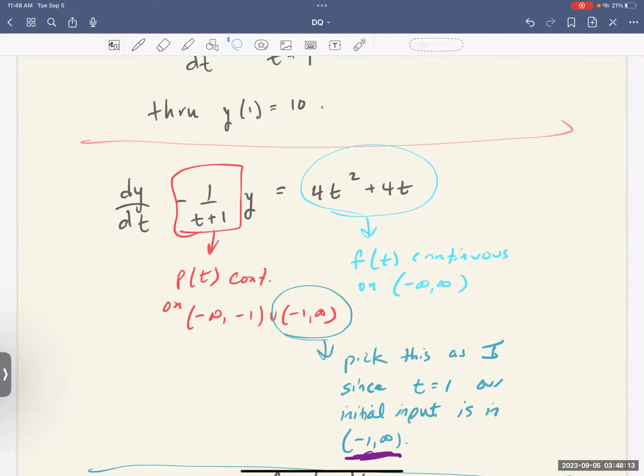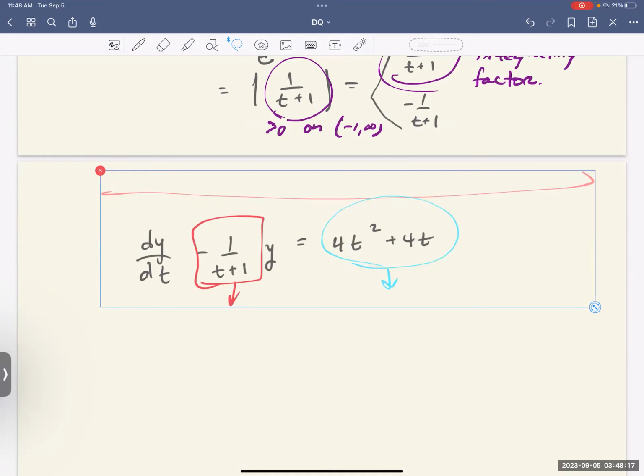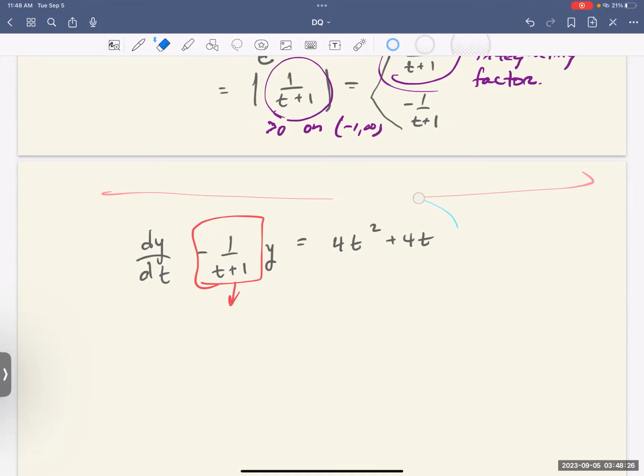We're going to multiply the integrating factor on both sides. Let's take those away. Okay.